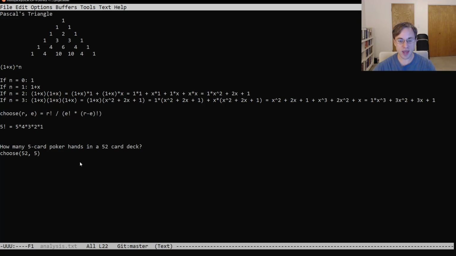Okay, so now we're familiar with binomial coefficients. We have an expression for them. We understand how they relate to Pascal's triangle. We understand how Pascal's triangle relates to our problem. We're getting pretty close to being able to solve our problem.